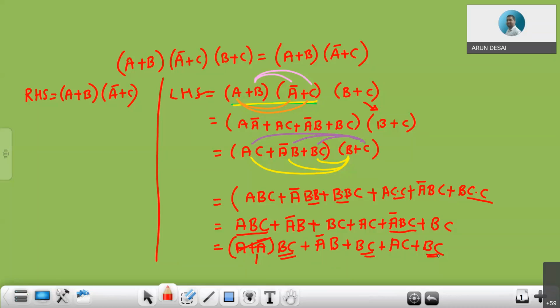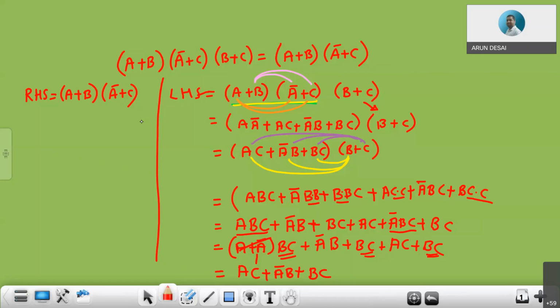So what is there at the end is this AC, then A complement B and BC. This is your answer for LHS. Now you need to check for RHS.